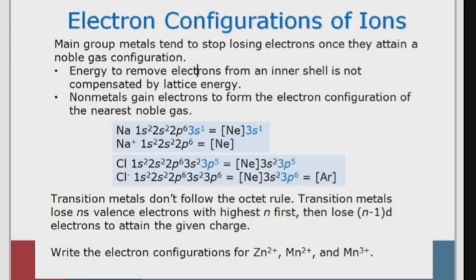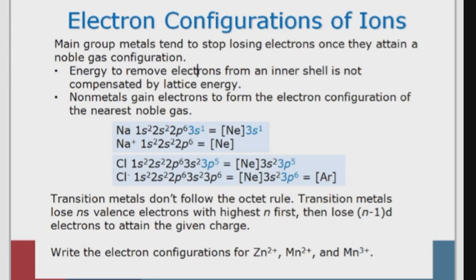Cl, or chlorine, 1s2, 2s2, 2p6, 3s2, 3p5 equals [Ne]3s2 3p5. Cl- 1s2, 2s2, 2p6, 3s2, 3p6 equals [Ne]3s2 3p6 equals Ar.